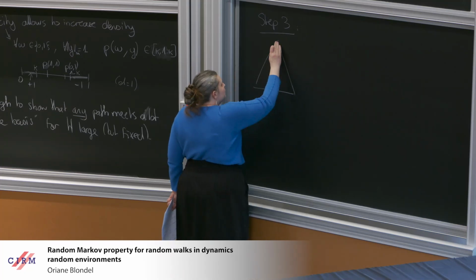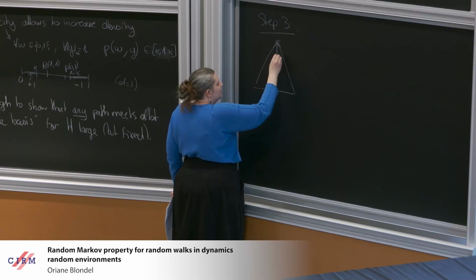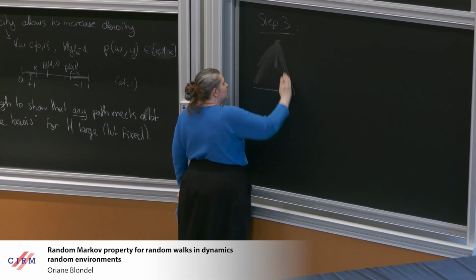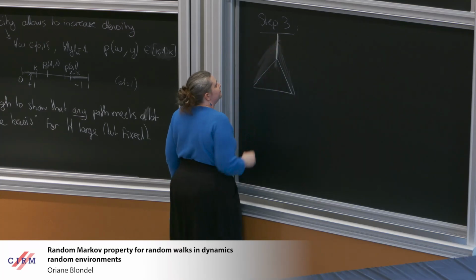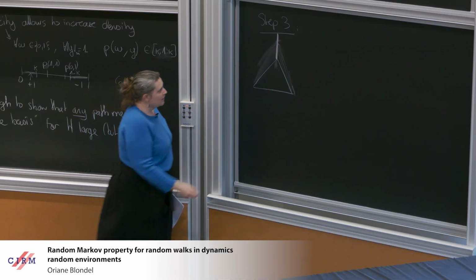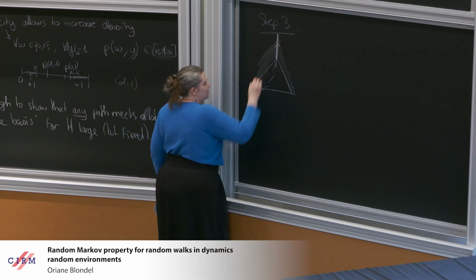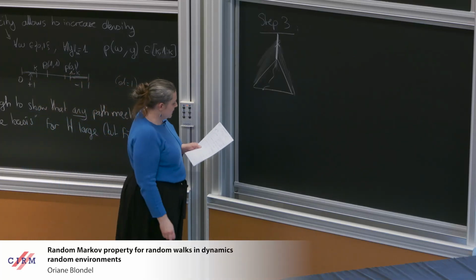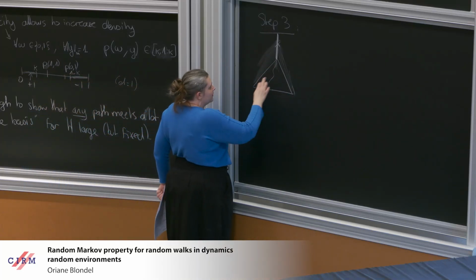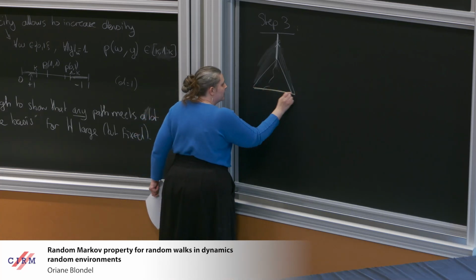And the way that I'm going to do that is to draw a cone and look for a cross somewhere on this stick. If I have a cross somewhere on this stick, then starting from any point here, I can reach it.